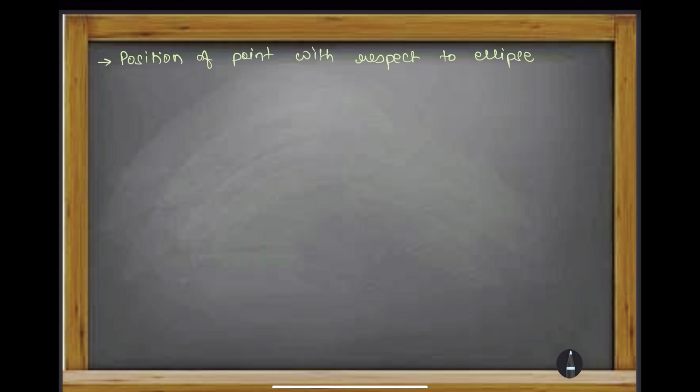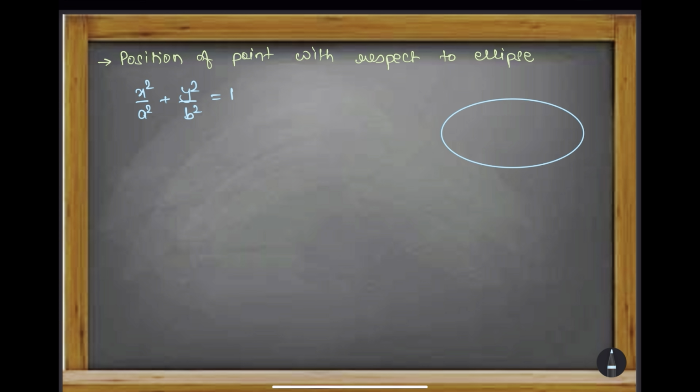You know that this is an ellipse. I'll be giving you the equation of the ellipse: x square by a square plus y square by b square equals 1. It can be horizontal, it can be vertical, it can be anything. Now this ellipse has divided the plane into three parts.